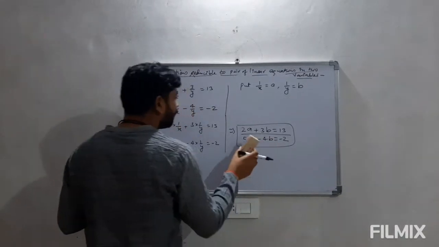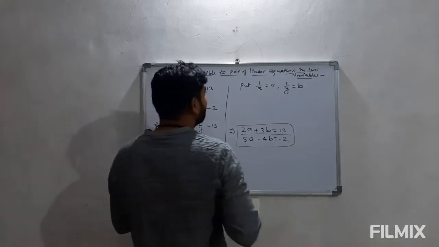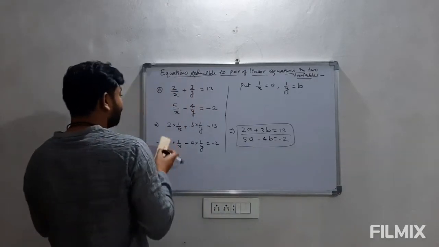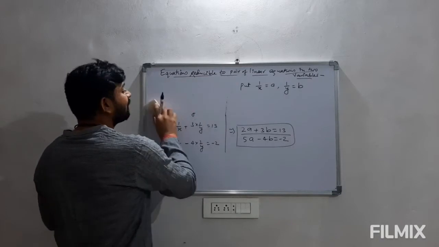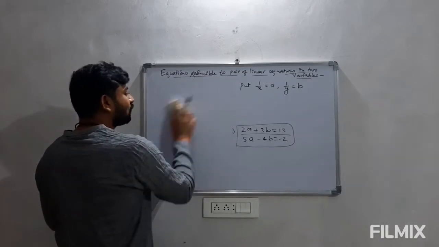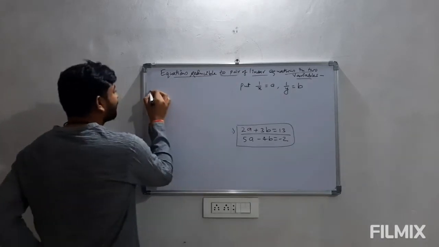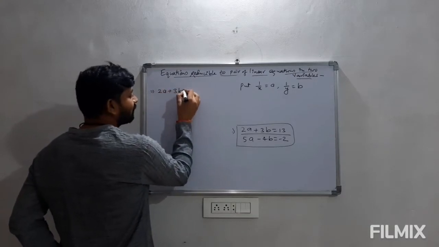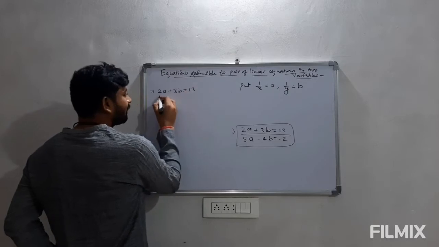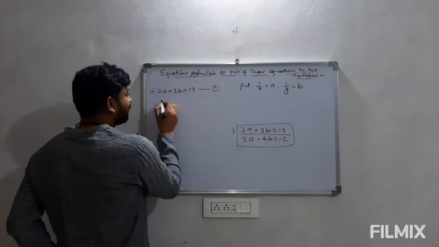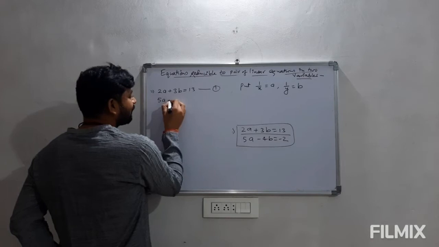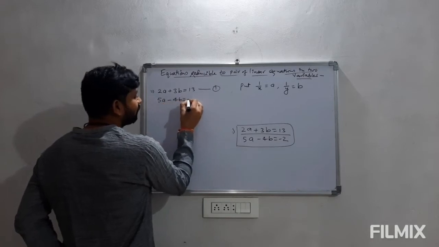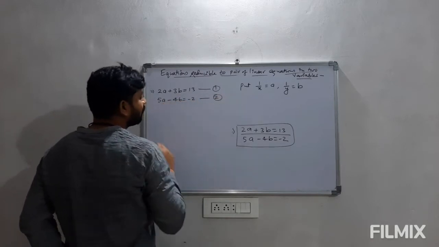So we will be solving these two equations now, so that we can get the values of x and y. These are our equations: 2a plus 3b is equal to 13, let us call it equation 1, and 5a minus 4b is equal to minus 2, this is our equation 2.